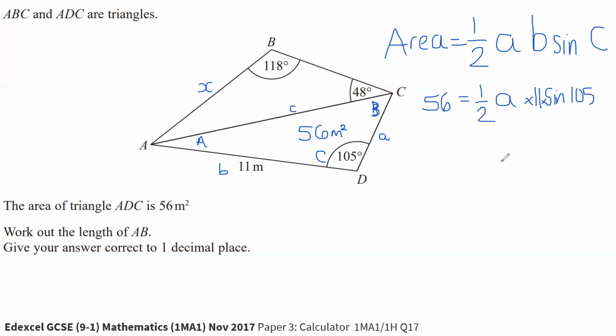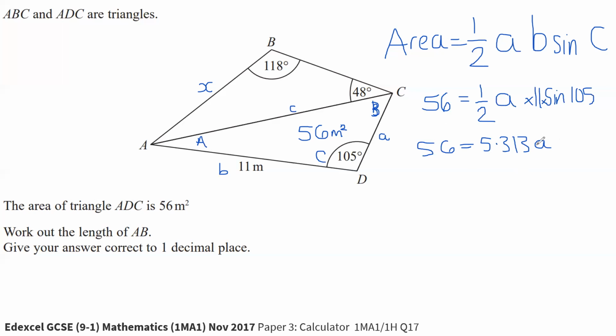If we key into our calculator as much of this as we can, we end up with 56 equals 5.313 times A.